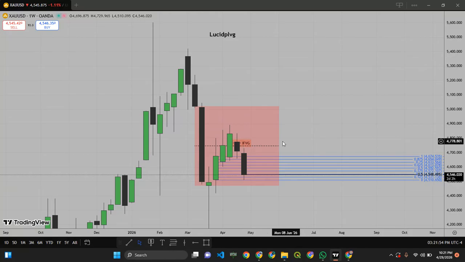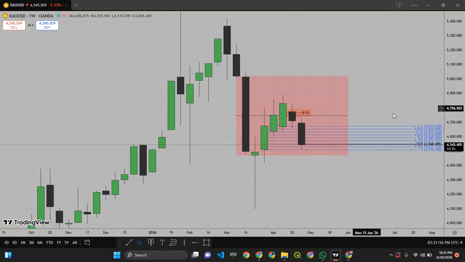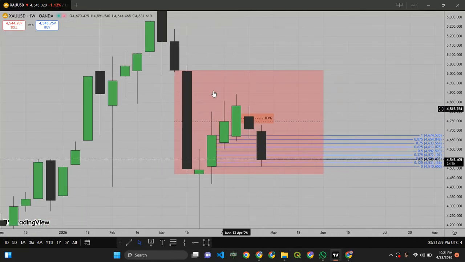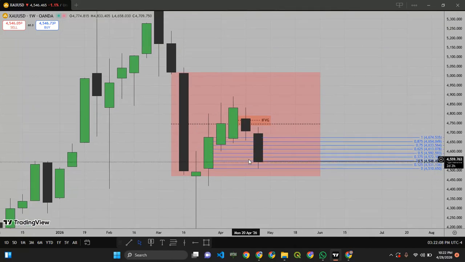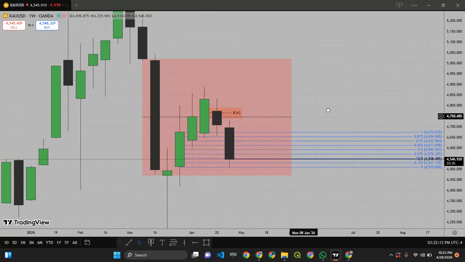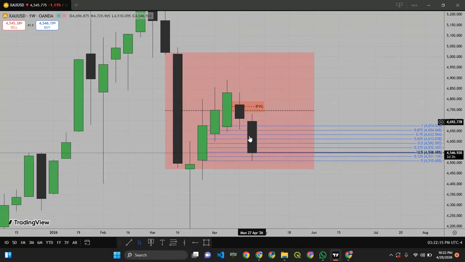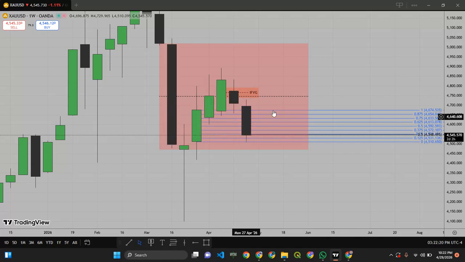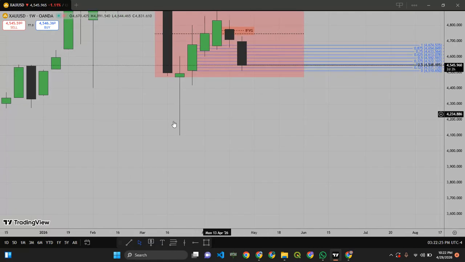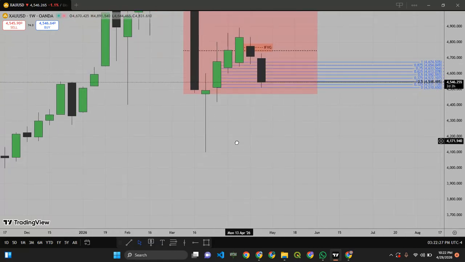In a case like this where I have graded this inefficiency, the upper part is the premium part, where price is most expensive, and the lower part is the discount part, where price is least expensive. I want to see price respecting this consequent encroachment and not coming back here and delivering lower to this sell side imbalance.